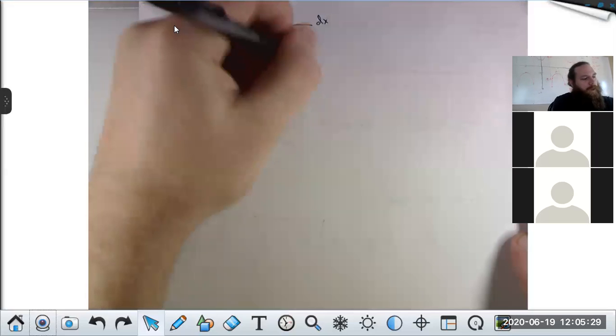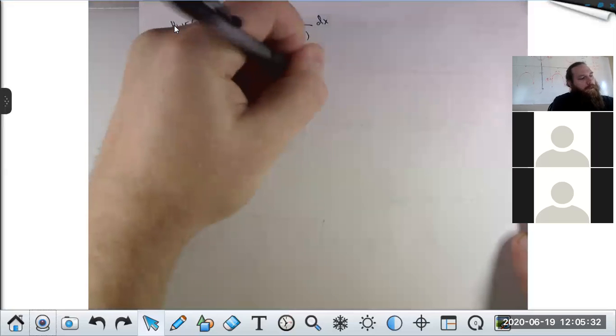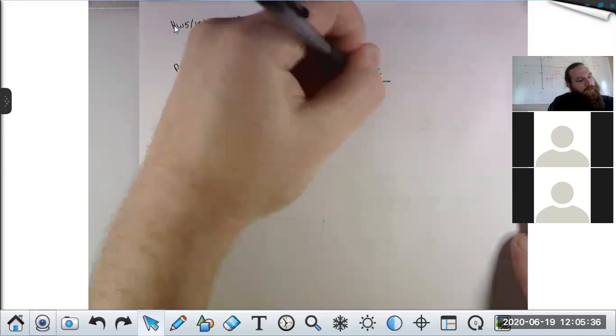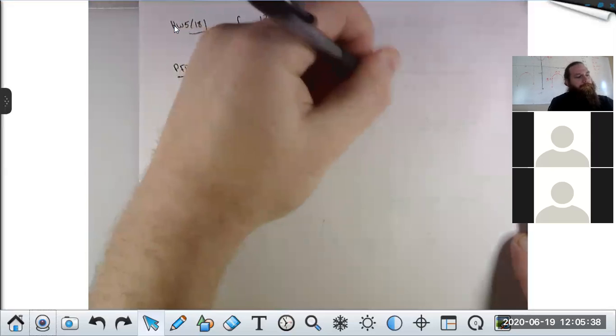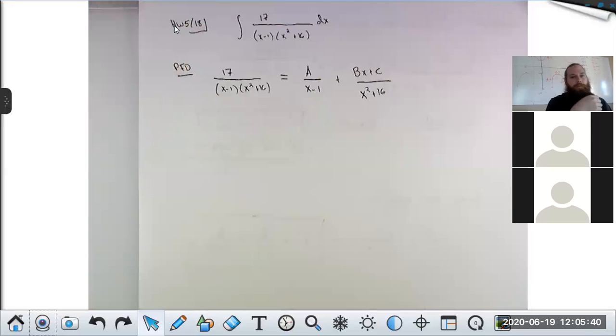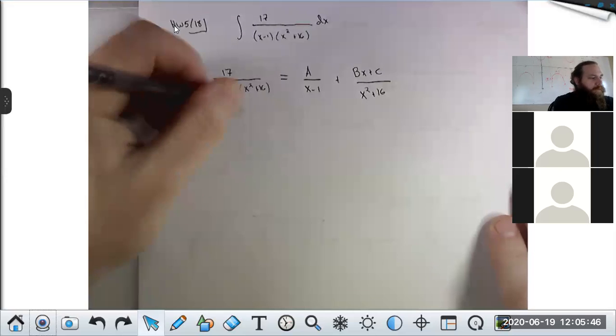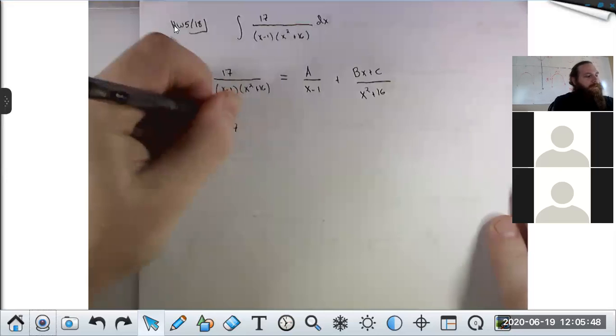I'll give an A over x minus 1, and then a Bx plus C over x squared plus 16. And then I clear the denominators and get ready to do whatever Heaviside stuff I can.